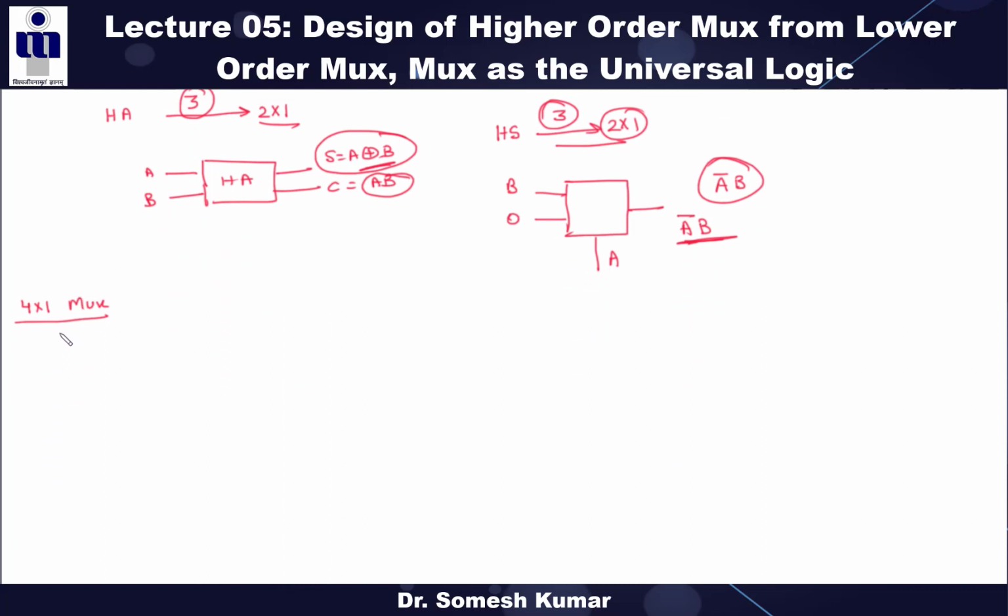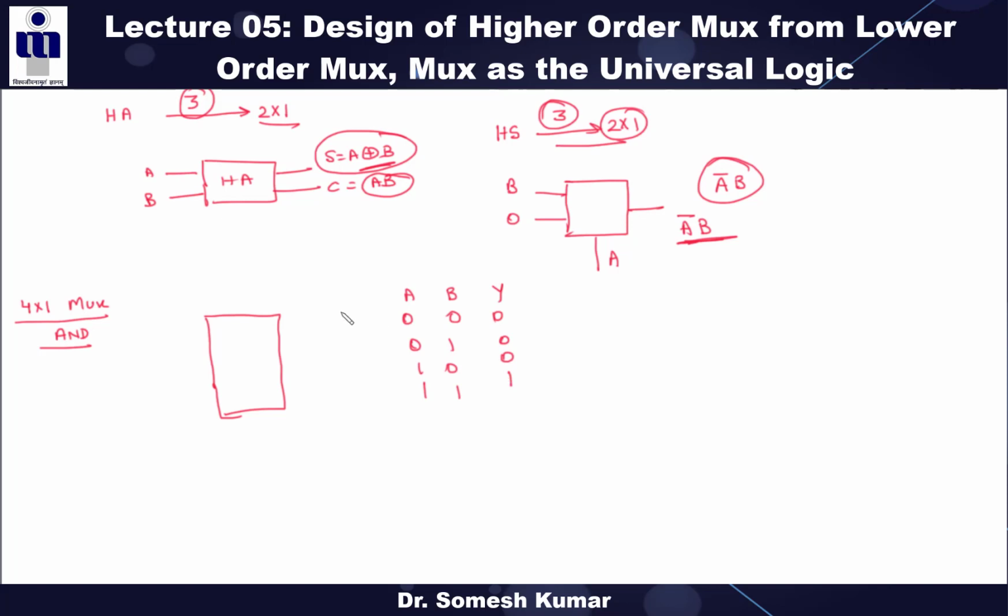If you want to design the AND gate using the 4:1 mux, how can you design it? You know the truth table of the AND gate: 0 0 0 1.